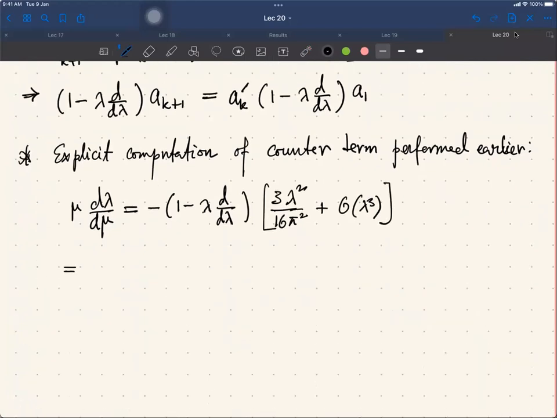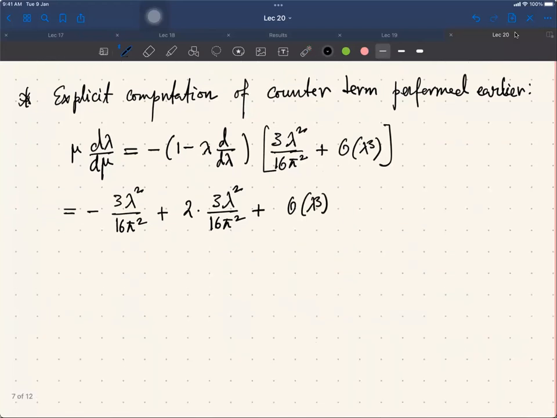So that gives you minus 3 lambda square by 16 pi square plus lambda d/d lambda, it just counts the power of lambda. So this is 2 times 3 lambda square by 16 pi square plus order lambda cube. So it just flips the sign: 3 lambda square by 16 pi square.